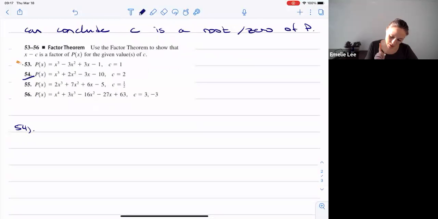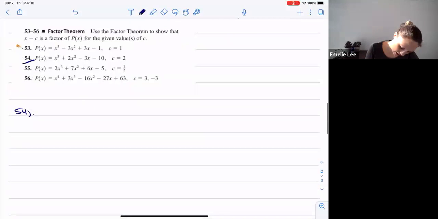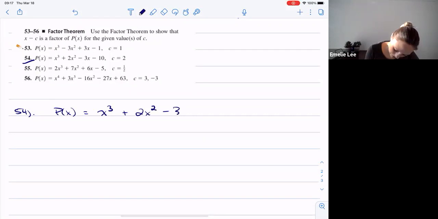All right. So we're asked to use the factor theorem to show that X minus C is a factor of P of X for the given value of C. So really what we're saying is that we've got P of X is X to the 3 plus 2X squared minus 3X minus 10.